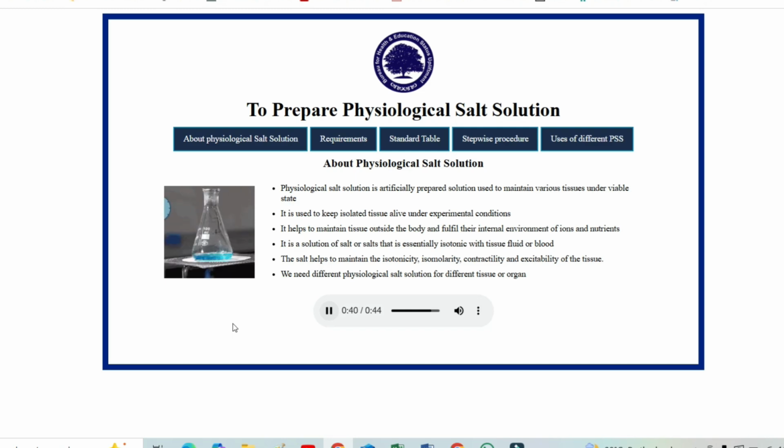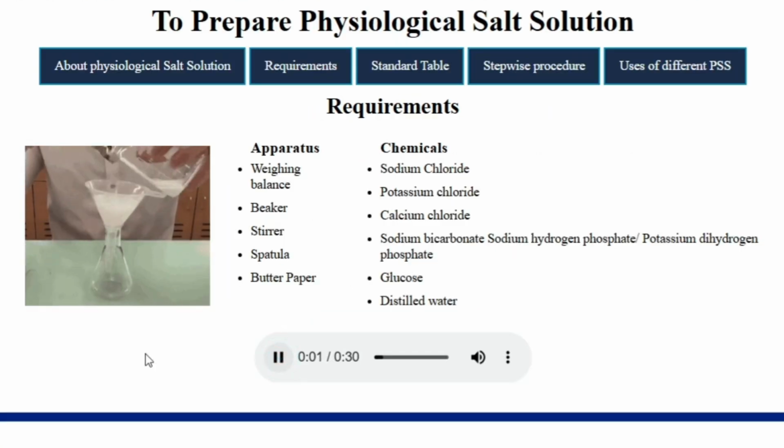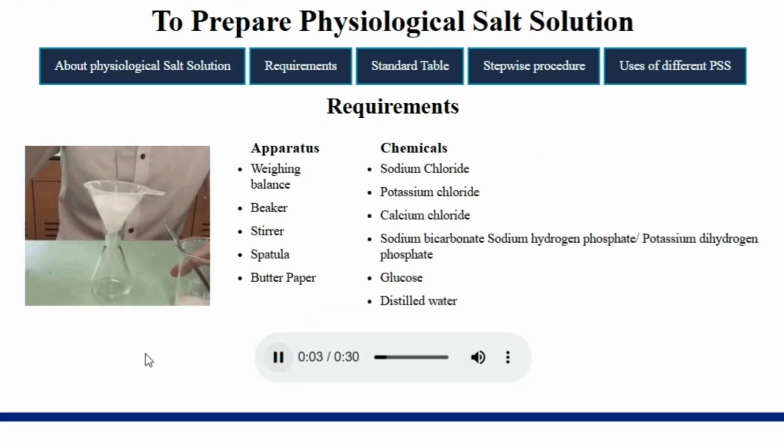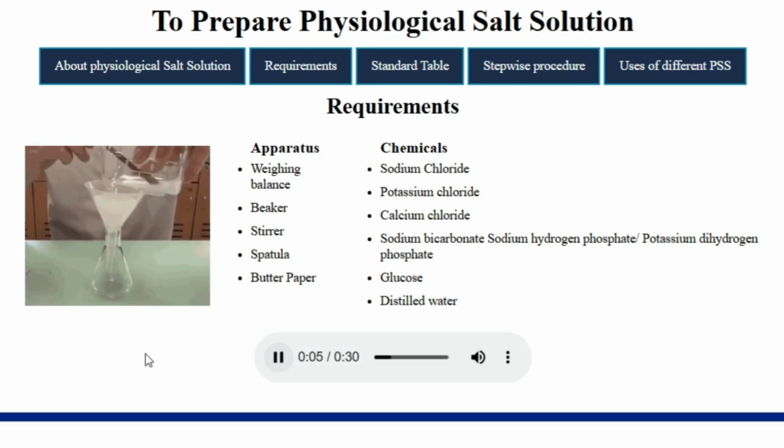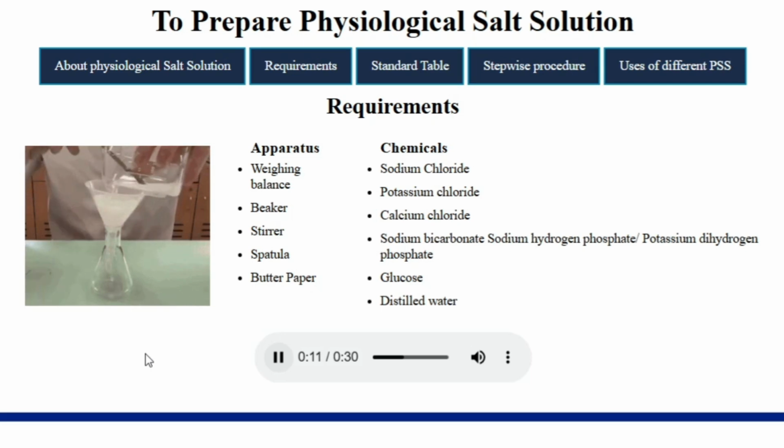We need different physiological salt solutions for different tissues or organs. Now we will see the next one, the requirement. What is the requirement to prepare these solutions, what apparatus we need, what chemicals we need, we will see here. Requirements: apparatus, weighing balance, beaker, stirrer, spatula, butter paper.